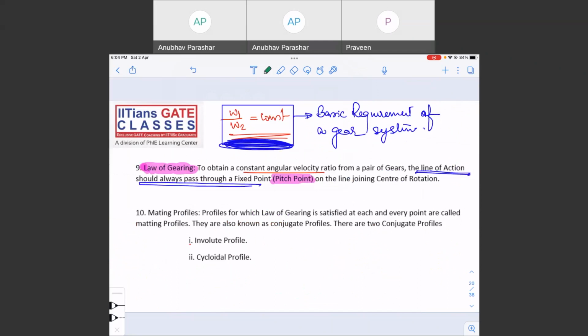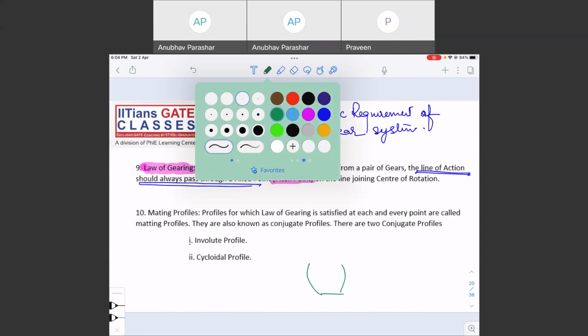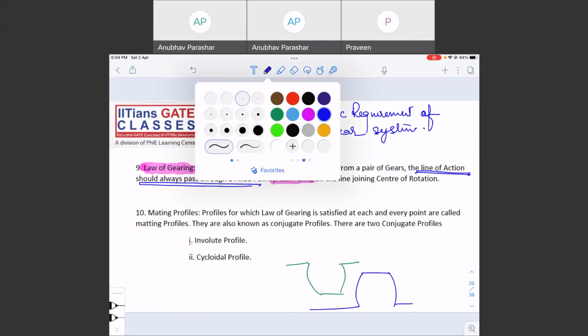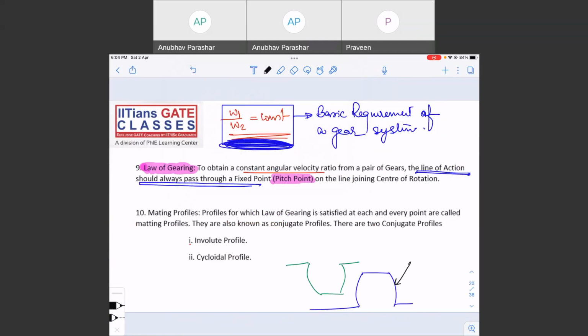Now, will all surfaces be able to satisfy the law of gearing? Because we want teeth, right? So who will be mating? The gear teeth will be mating with each other. This is one of the gear teeth, and let me say this is the opposite gear tooth.